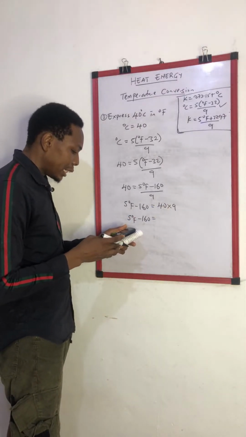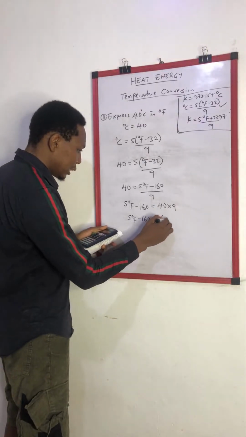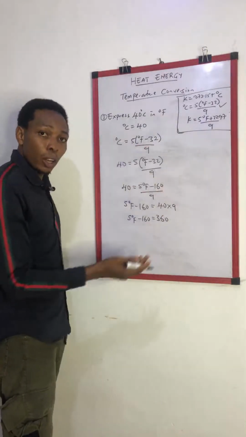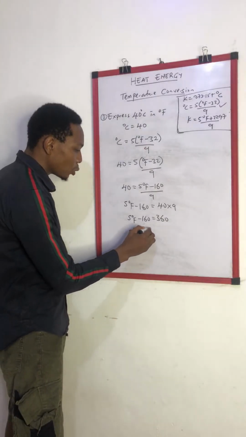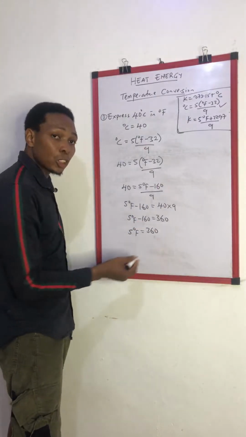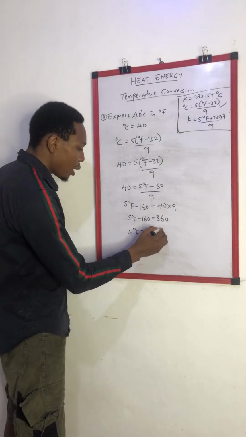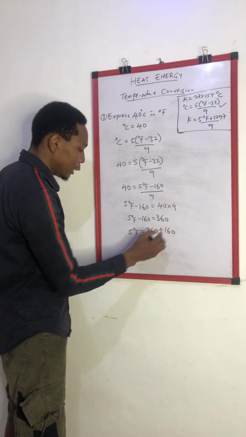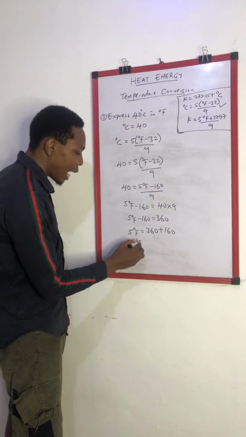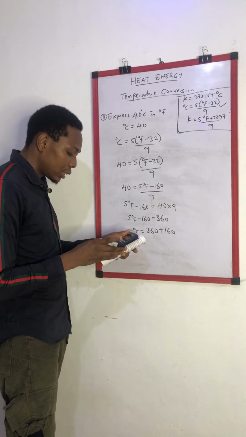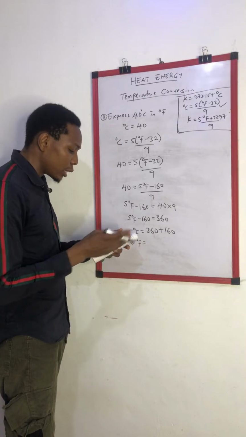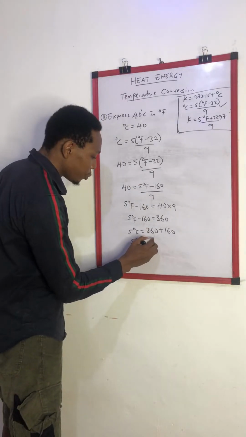40 times 9 gives us 360. So from there, you collect like terms. We have 5 degree Fahrenheit equals 360. When this one is crossing over to the other side, we have plus 160. So we have 5 degree Fahrenheit equals 360 plus 160. 360 plus 160 is going to give us 520.